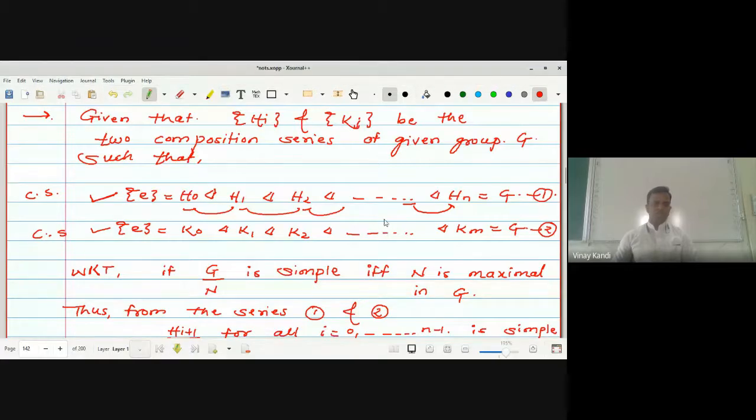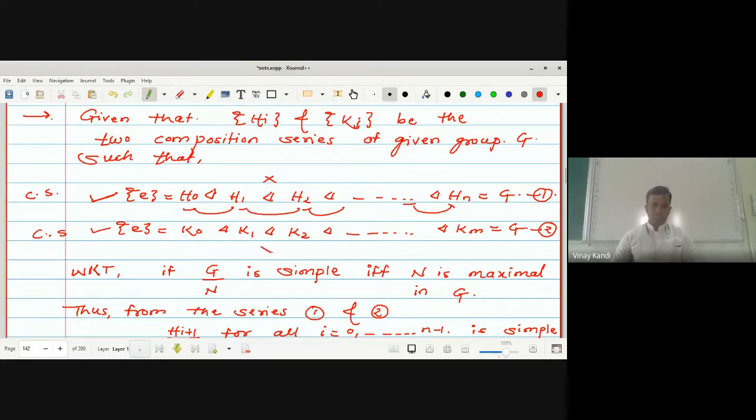What is the meaning of H1 maximal in H2? There does not exist any proper normal subgroup in between H1 and H2 containing H1. That means further splitting will not happen in it.